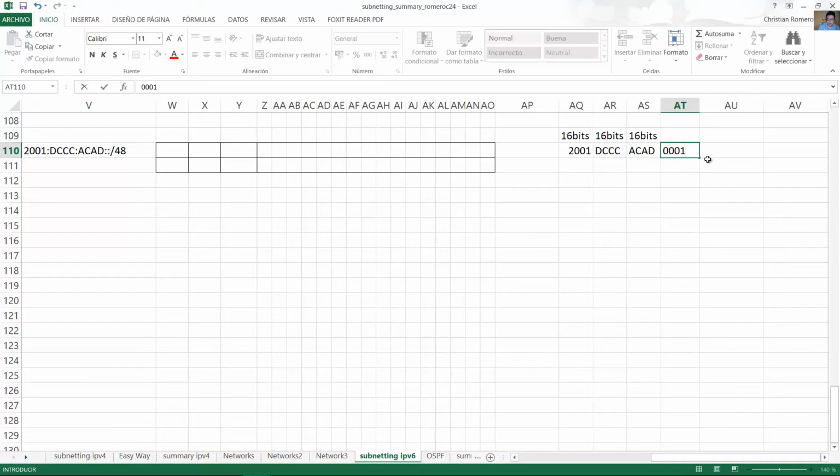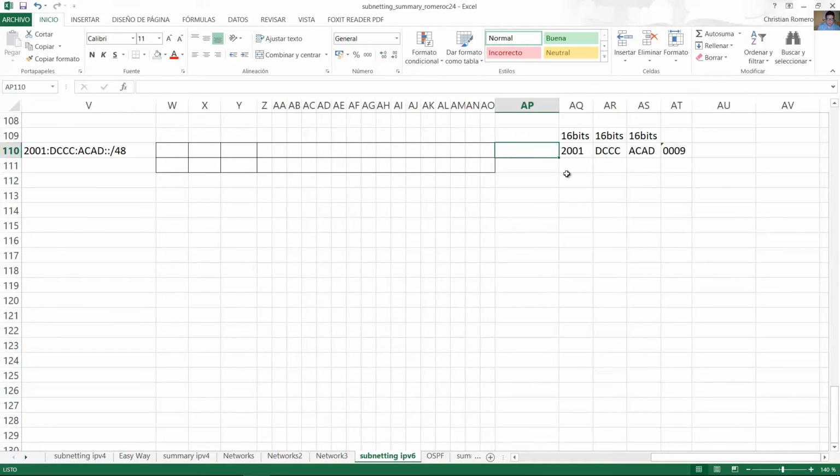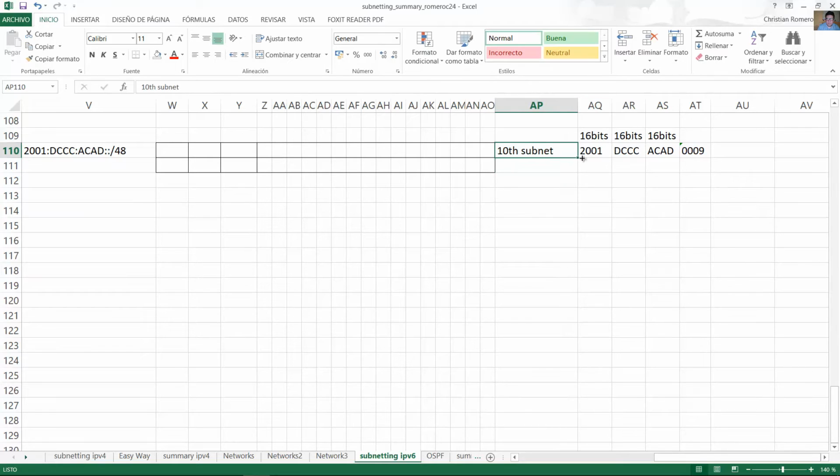So the 10th is 0009. This is the 10th subnet. And you have 16 bits more. So the prefix will be 64.